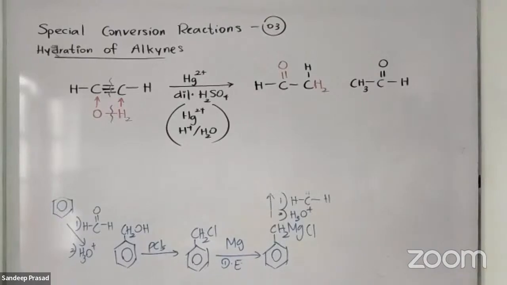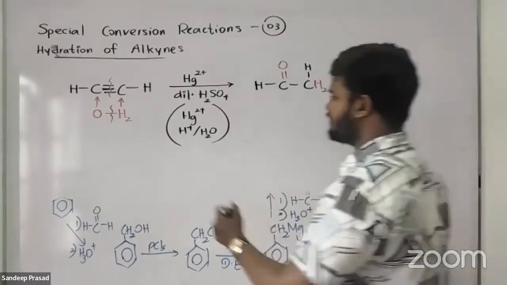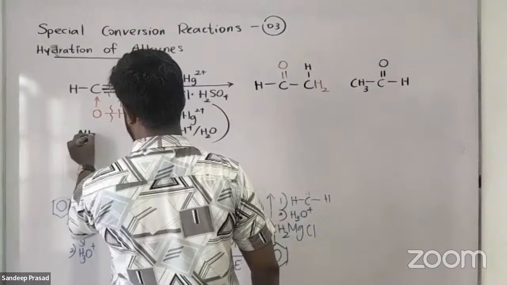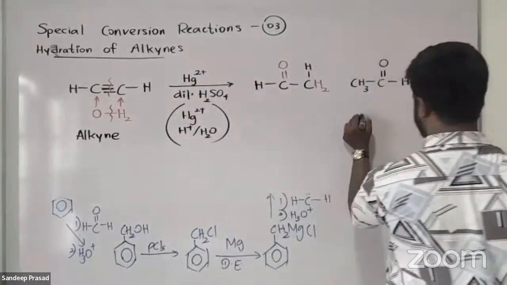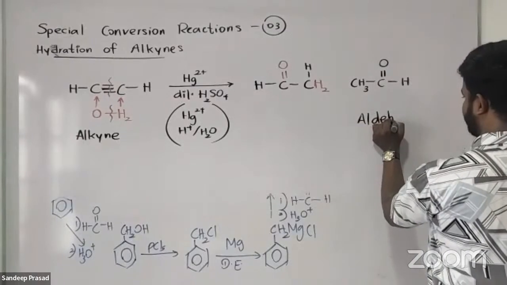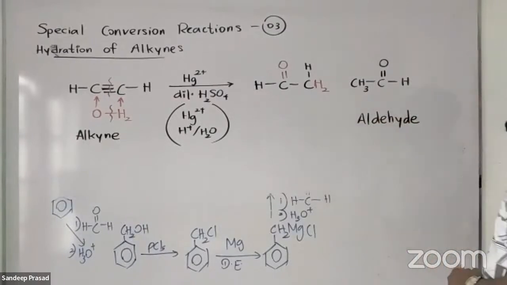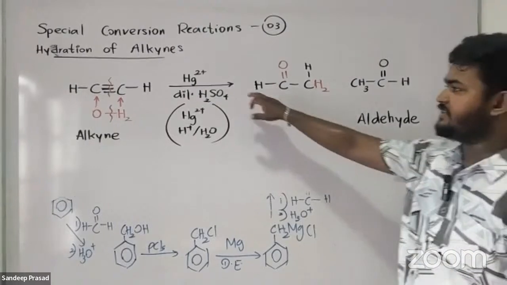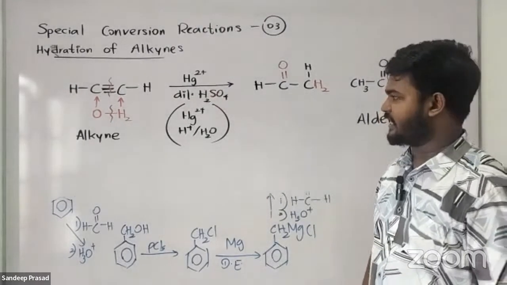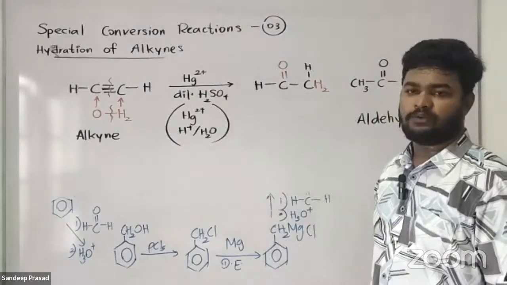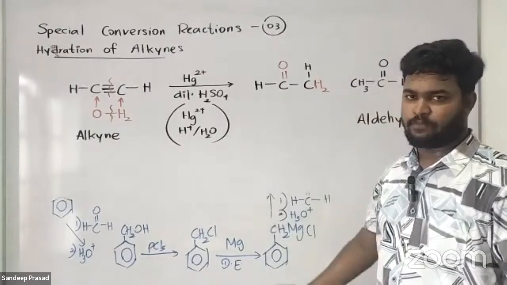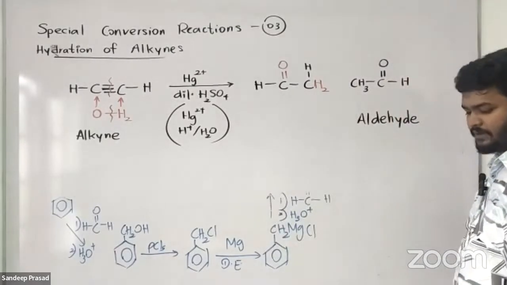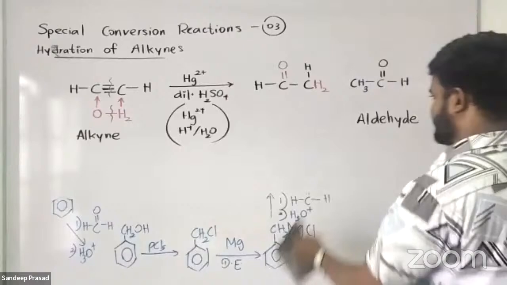Okay, so you can see that the alkyne has been converted into what? An aldehyde here, right? The alkyne has been converted into an aldehyde by the hydration of alkynes reaction. So what are the reagents we have added? The mercuric cation Hg2+ and dilute sulfuric acid. Dilute sulfuric acid means H+, H2O, also correct. H3O+. Can you understand? Right? So this is the example reaction.